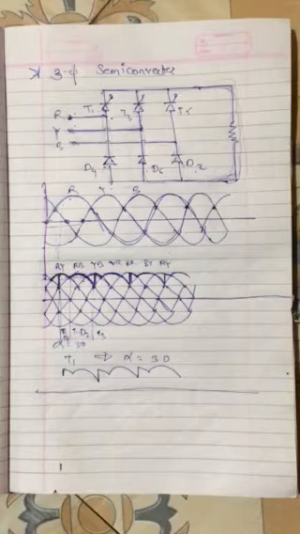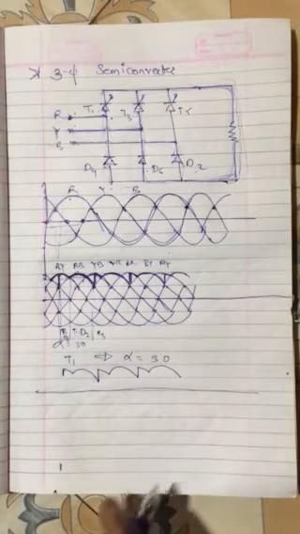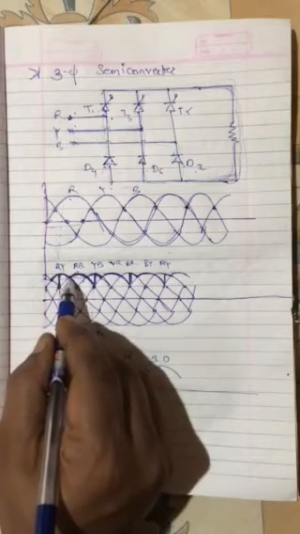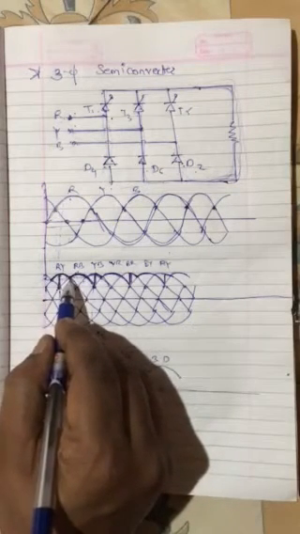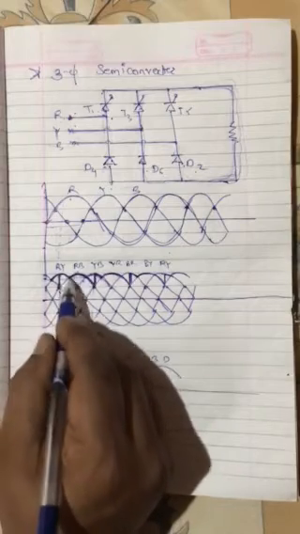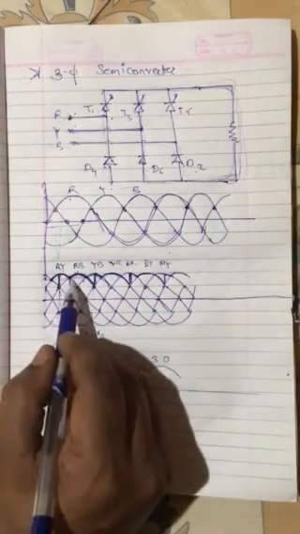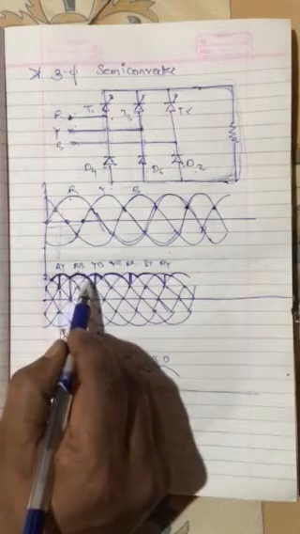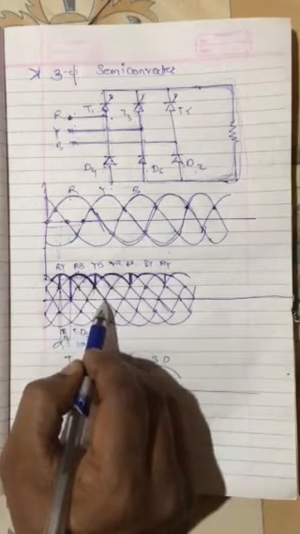Okay. Now if the firing angle is increased to 60 degrees, it means instead of making it on here, it will get on here. So when it gets on here, it will start conducting at this point. Okay. So how will it conduct? From here it will start conducting, RB will come into the picture, till here this will conduct.